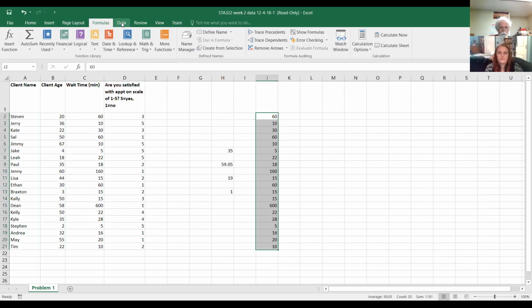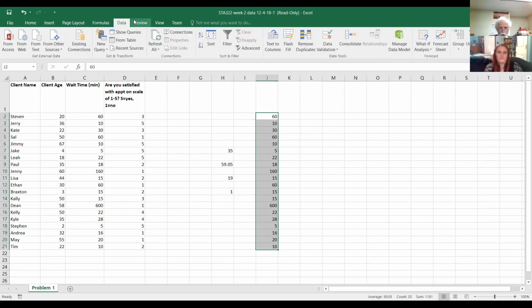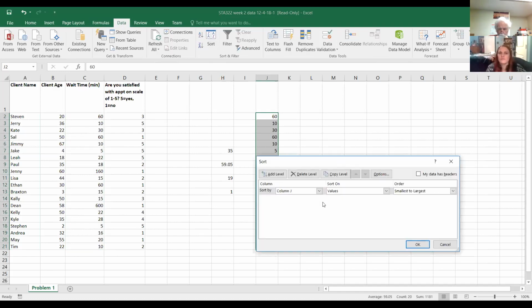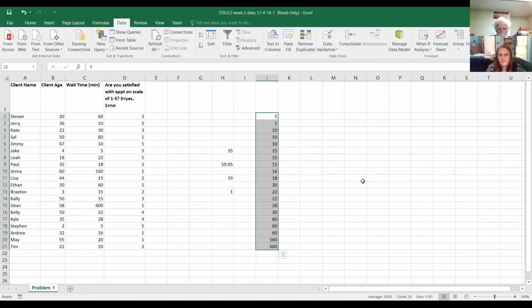And then I'm going to come over here to the data and sort it from smallest to largest. And then we're going to look at this and we're going to see that we have 3 10s, 3 15s, and 3 60s. So those are our modes in that data set.